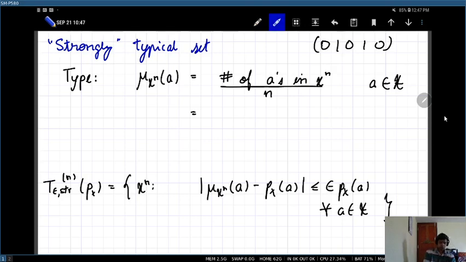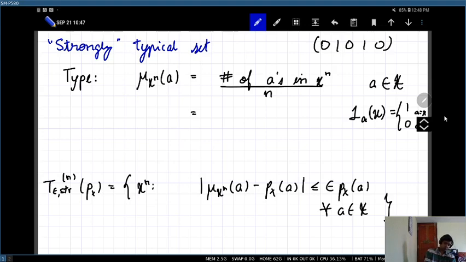Okay, so a nice representation of mu xn of a is using indicator functions. So I define an indicator function 1a of x, which is equal to 1 if a is equal to x and 0 if a is not equal to x, right?